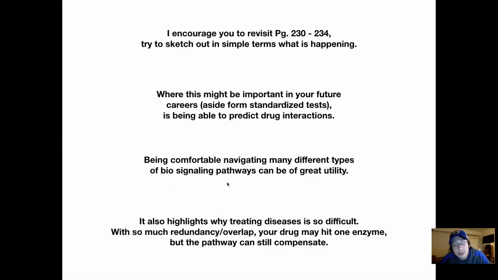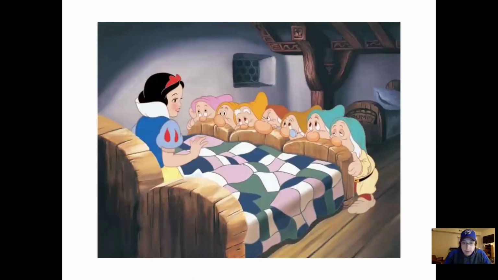It would be helpful for you to be able to pull up a signaling pathway and see, where am I impacting the pathway? And then overall, this is why treating disease is difficult. So with that, the story ends, at least for today.